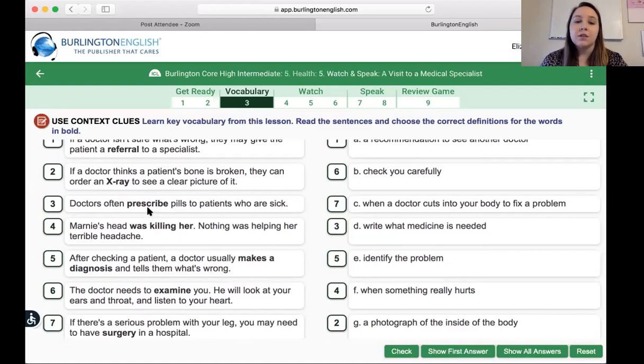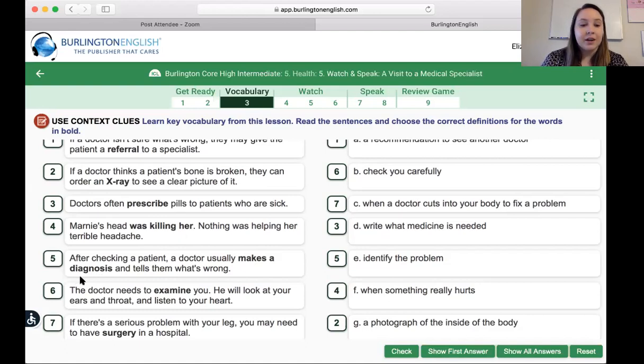Prescribe. Prescribe. Was killing her. Was killing her. Good. To make a diagnosis. Make a diagnosis.